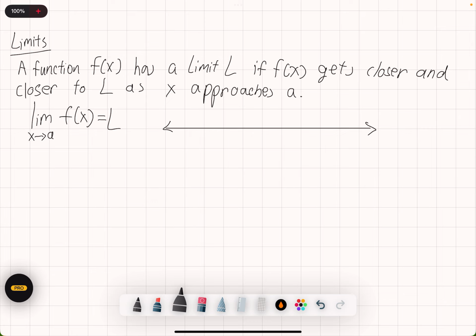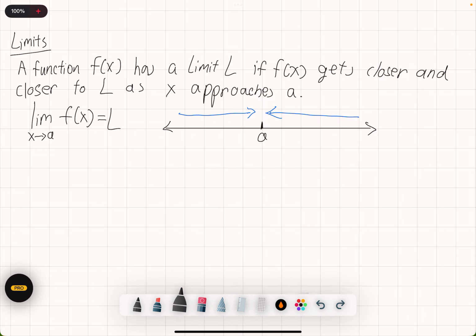And let's say this point here is A. Well, as x approaches A from both sides, both left and right of the number line, so as x gets larger and larger as it gets to A, and as x decreases to approach A, f of x approaches a value of L.